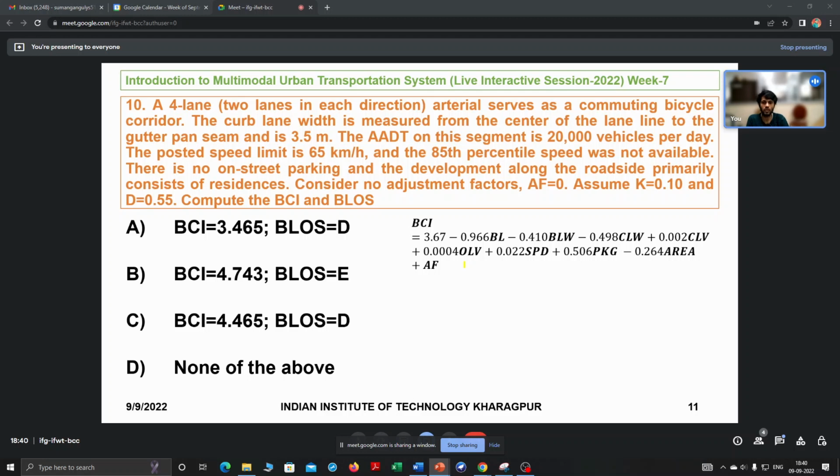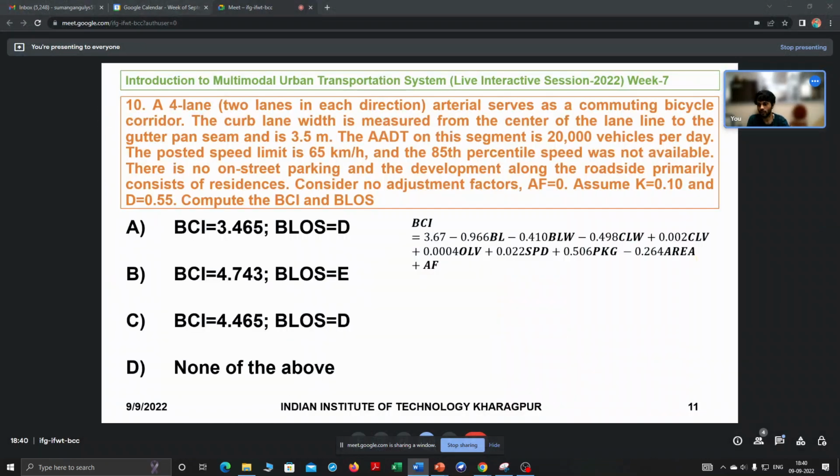Now consider no adjustment factors, AF equal to 0. Assume K, what is K? K is your peak hour factor, and D is the directional split factor. You should calculate the BCI and BLOS flow.